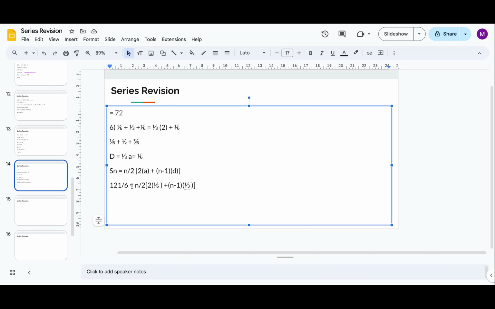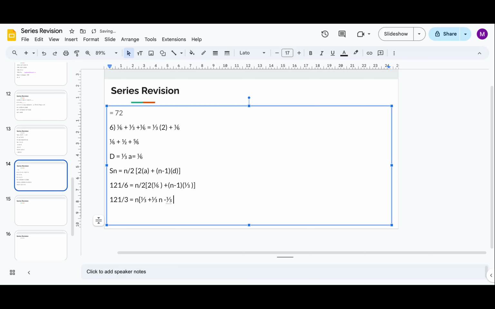So I can simplify this. I take the 2 over, so it is n over 2. I take the 2 over and multiply by 121 over 6, and that'll give me 121 over 3. 121 over 3 is then equal to n, open brackets, 2 times 1 over 6 is 1 over 3, plus 1 over 3n minus 1 over 3.